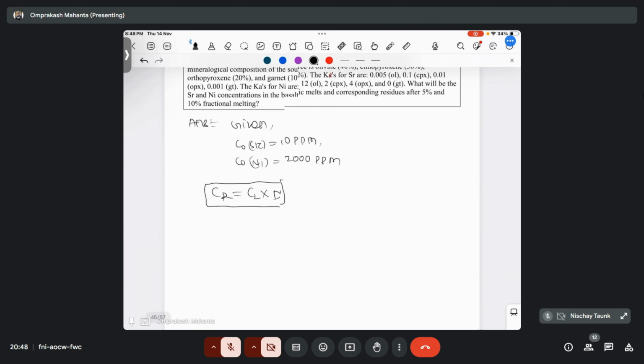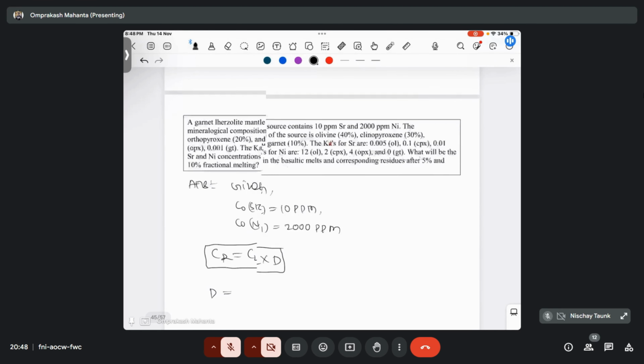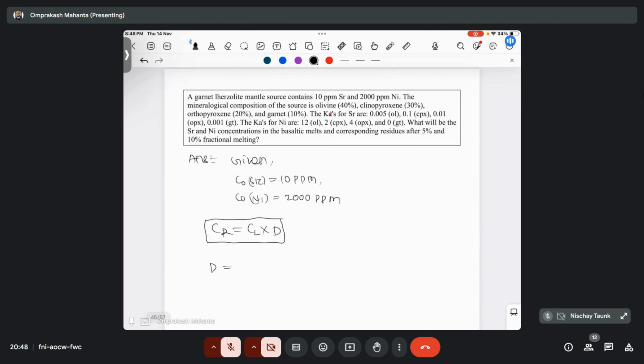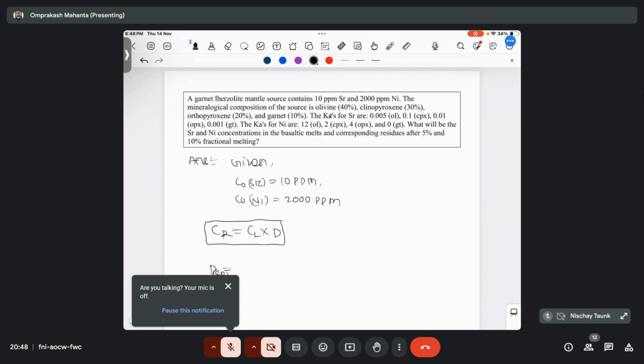Okay, so let's do this. First we need to calculate the D value. There are two KD values given, for Ni and for Sr. We are calculating for Sr first. These are the Sr KD values, but the abundance is the same.